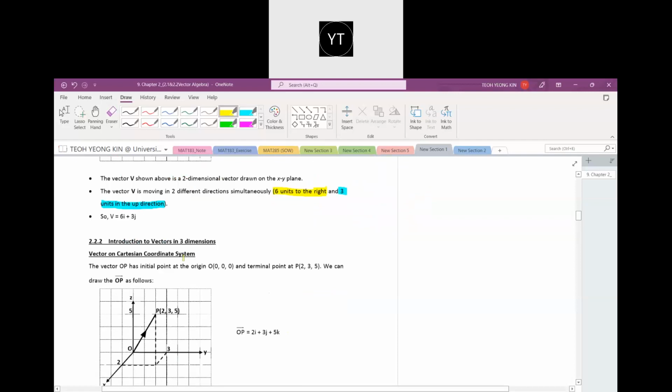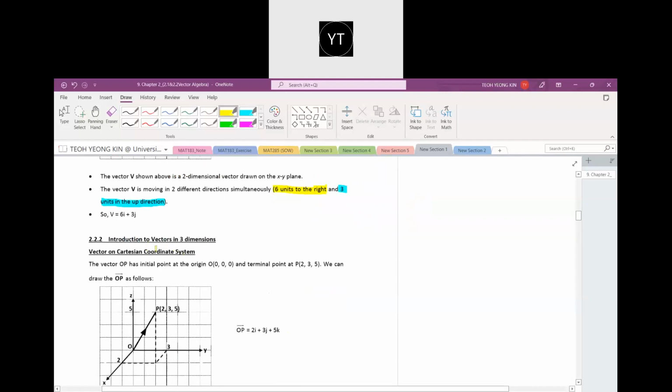How about 3 dimensions? Now, next we look at the vector in 3 dimensions. So, vector on Cartesian coordinate system. The vector OP has initial point at the origin O. So, OP ni, originally dia kat sini, this point.